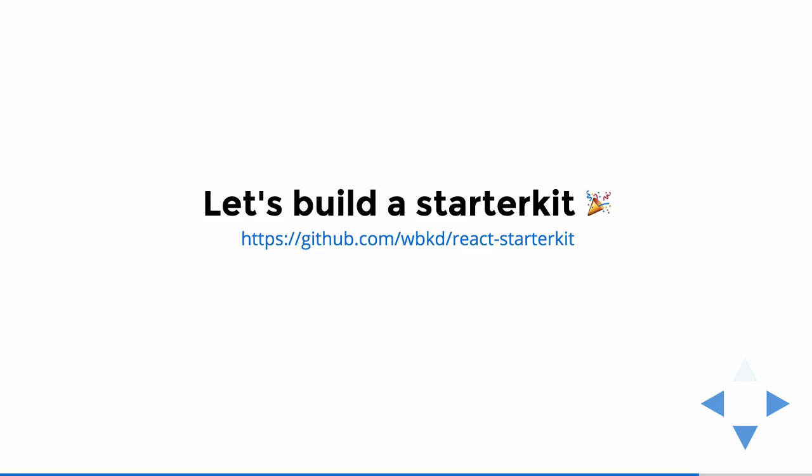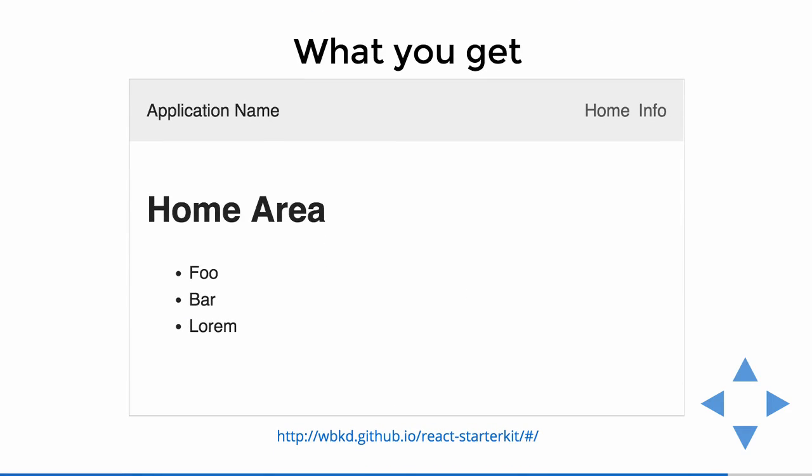So all the stuff that we've spoken about before, like Reflux, gulp, webpack. Oh yeah, this is how it looks in a strange resolution. So it's not a fancy UI, it's very simple.